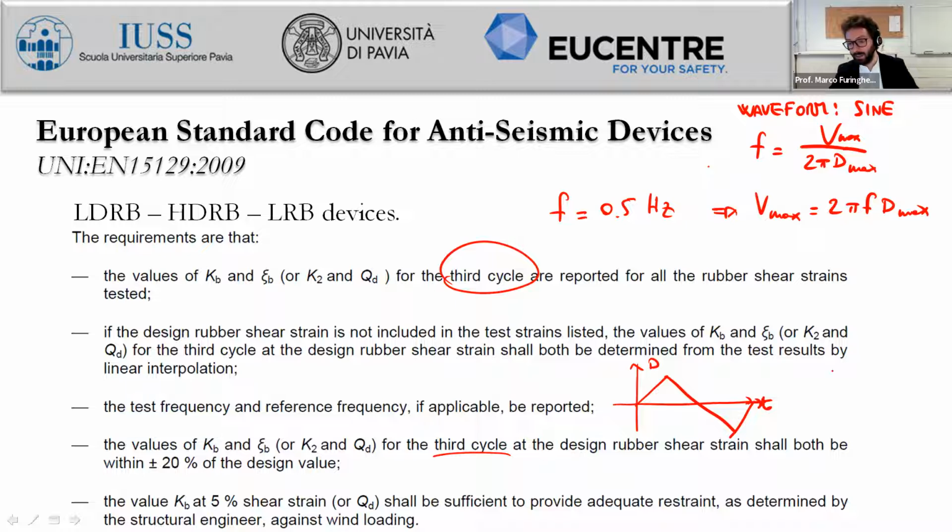And this is a particular case, a square wave, if you know. Velocity over time is something like this, so it is called the square wave.